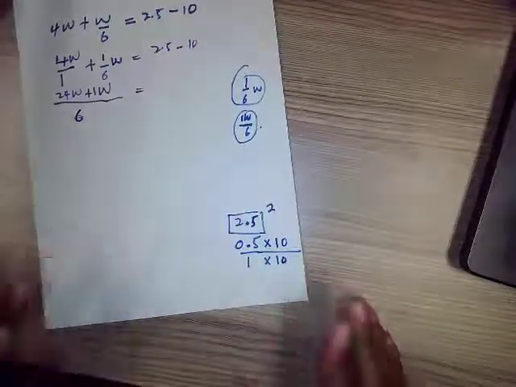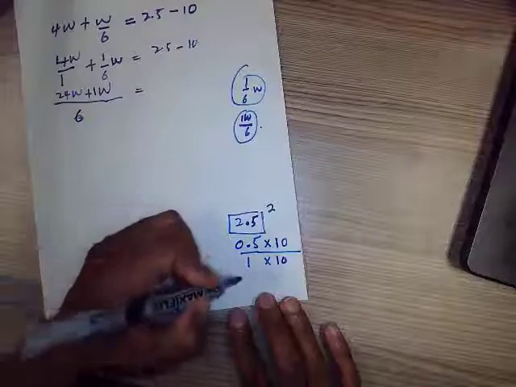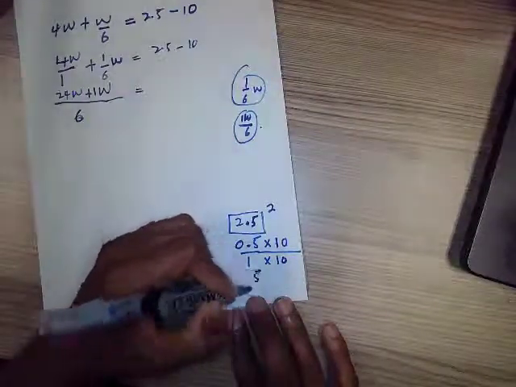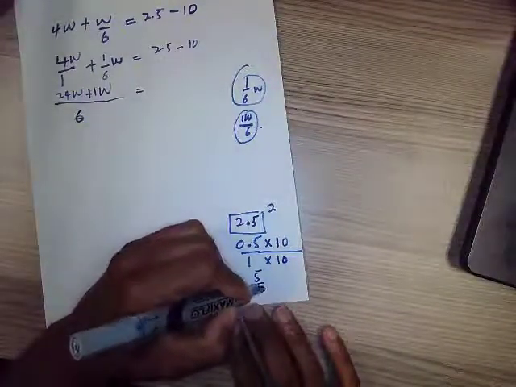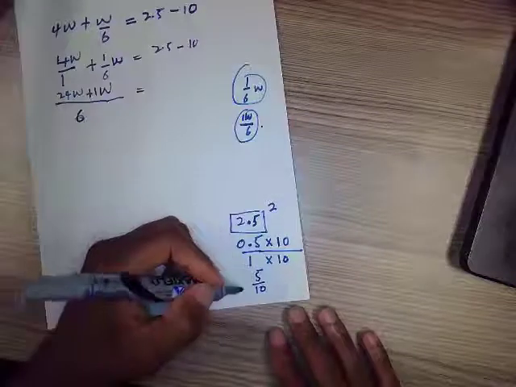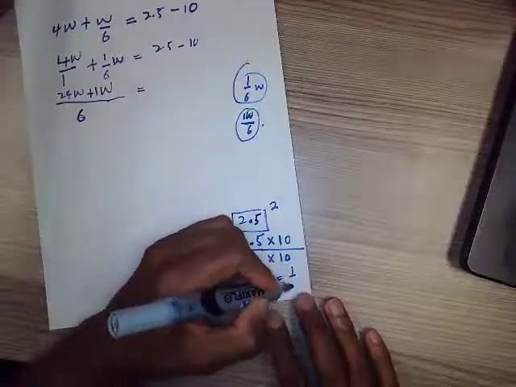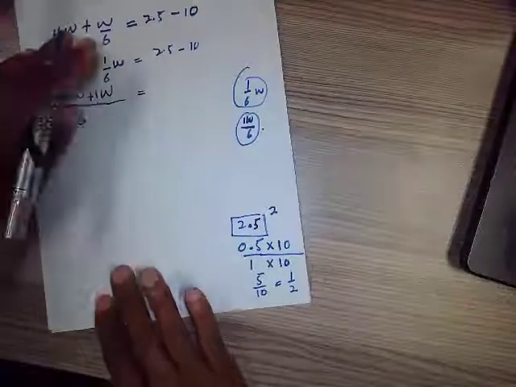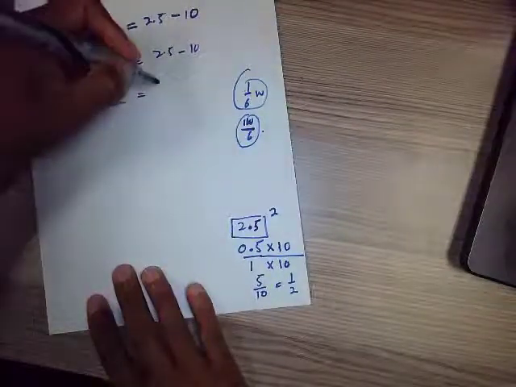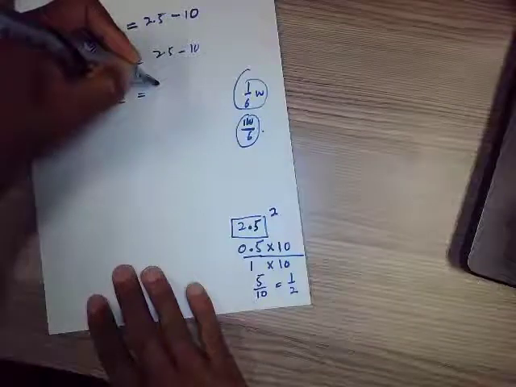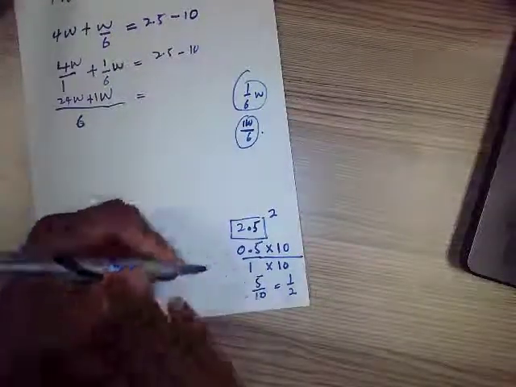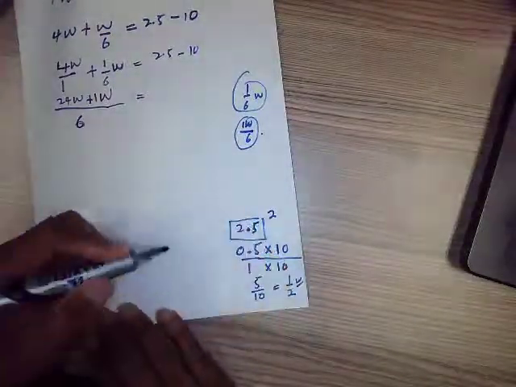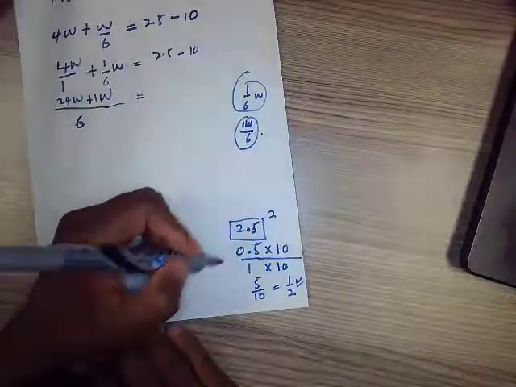So I hope you know that by now. So that's going to give you 5 over 10, right? You can simplify it further, it will give you a half, right? So you have a half, sorry, before I forget, you plug back your 2.